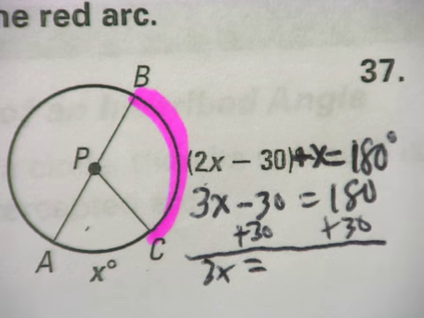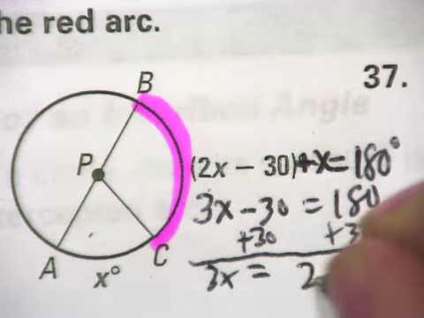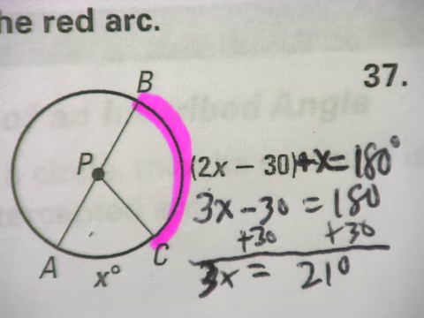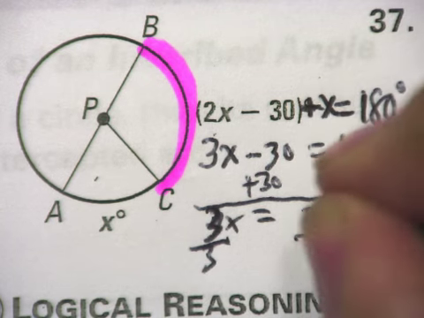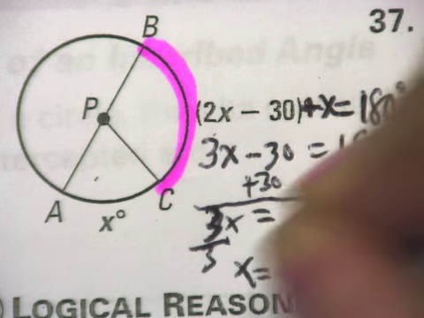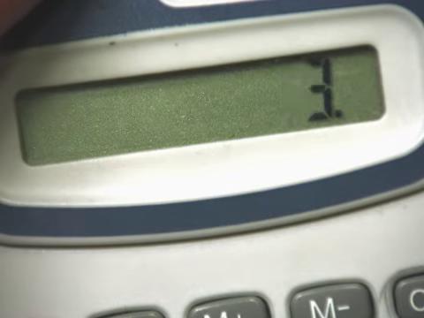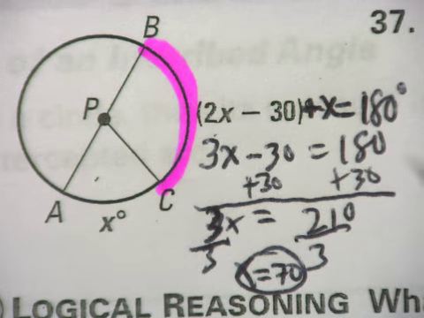I'm going to get 3x is equal to 180 plus 30, which is 210. So 3x is equal to 210. I'm going to divide both sides by 3. And x is equal to 70. 210 divided by 3 is 70.